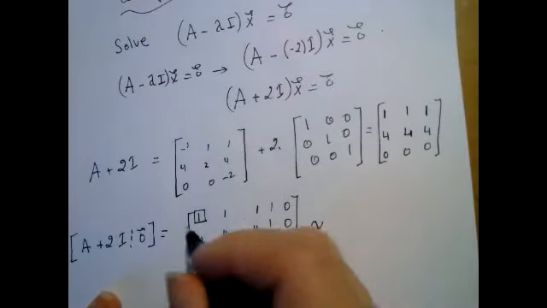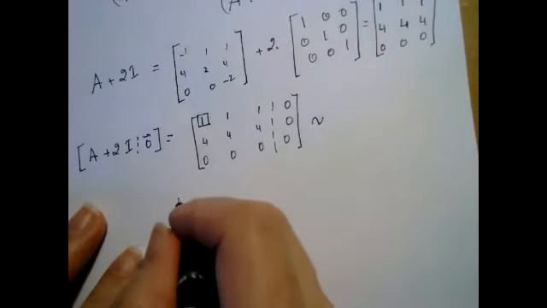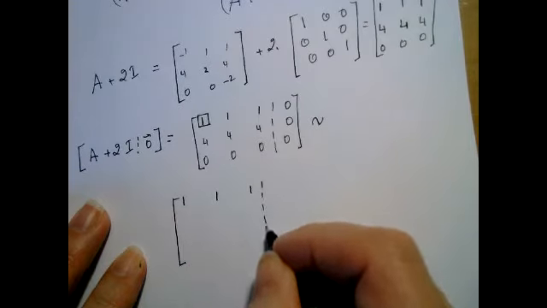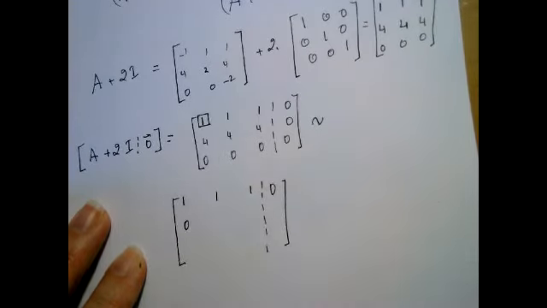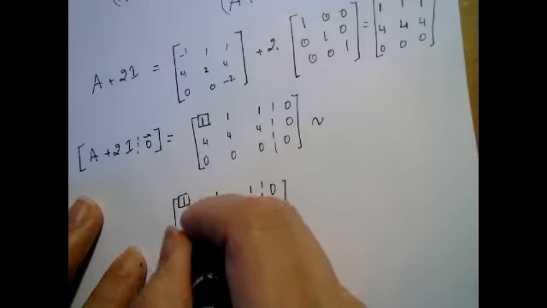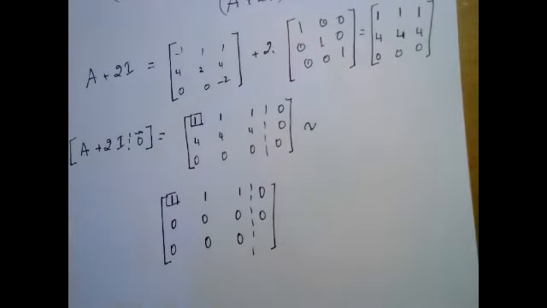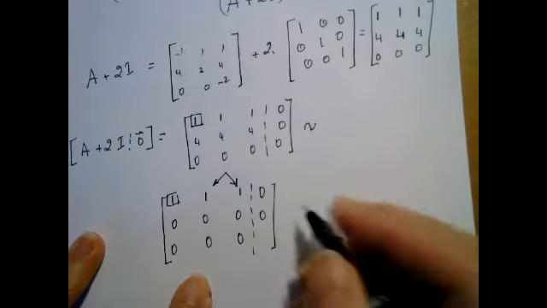So I have to multiply this row by minus 4 and add. I get 1, 1, 1, 0. Minus 4 plus 4 is 0, minus 4 plus 4 is 0, minus 4 plus 4 is 0. The rest remain 0, 0, and 0. Now, here we have two free variables, x2 and x3 are free.